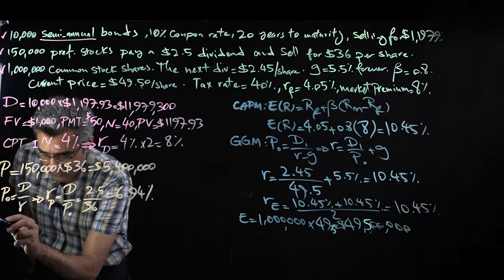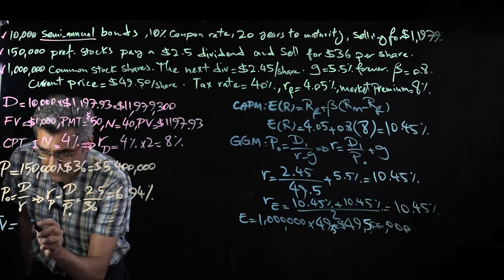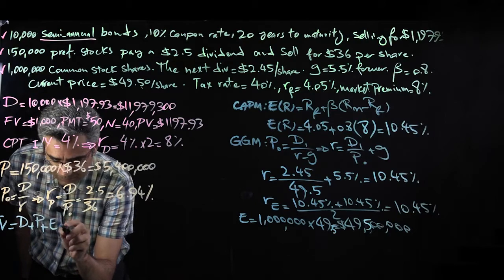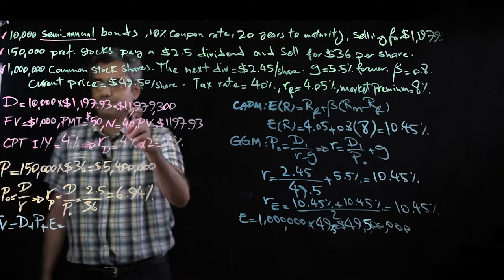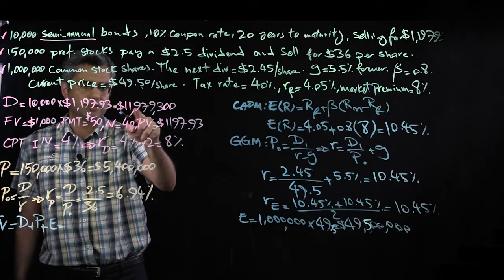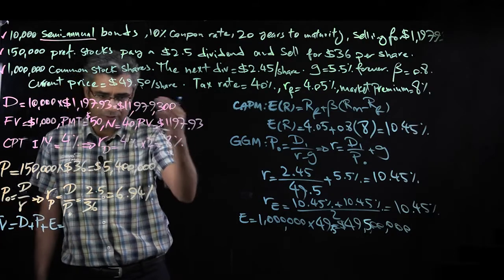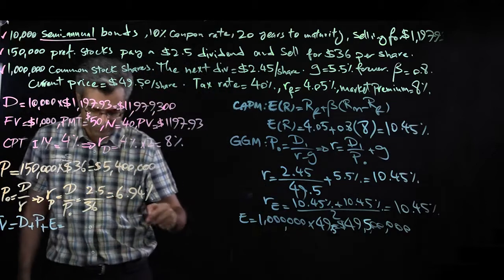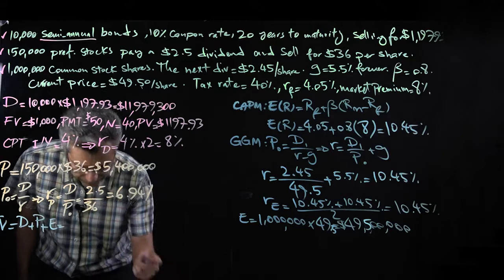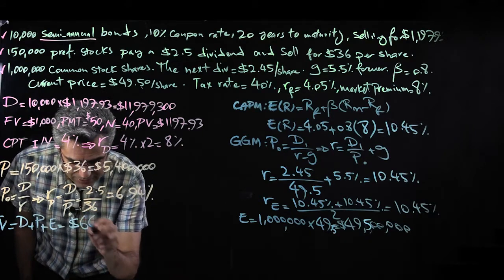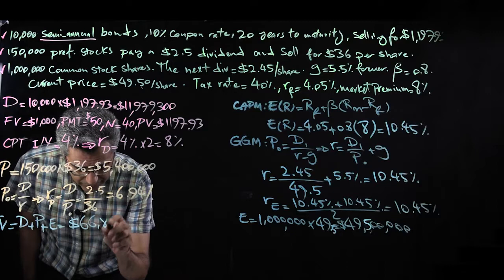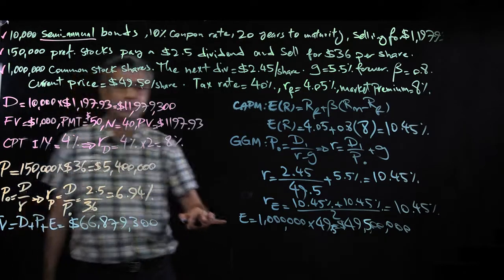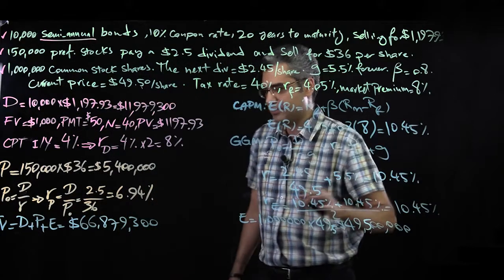The size, I name it V. V is D plus P plus E, which is 11,979,300 plus 5,400,000 plus 49,500,000. If you do the calculation, you will get 66,879,300 US dollars. So this is the total size of the total assets, right?